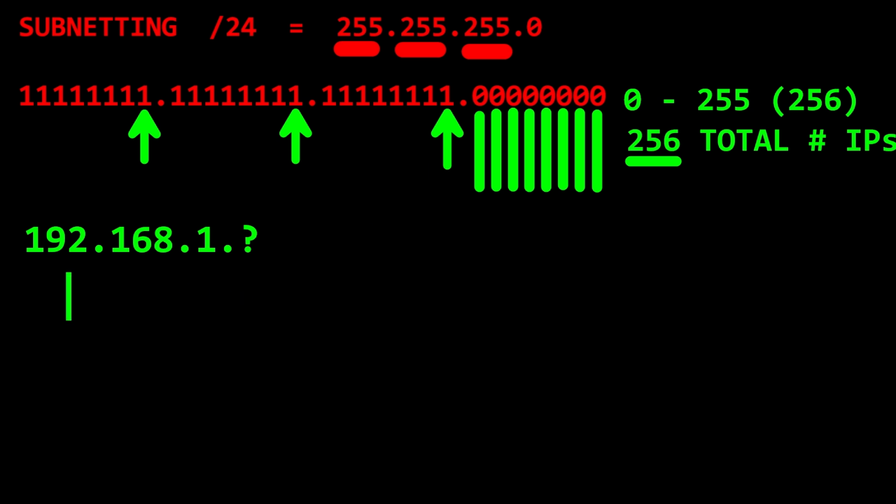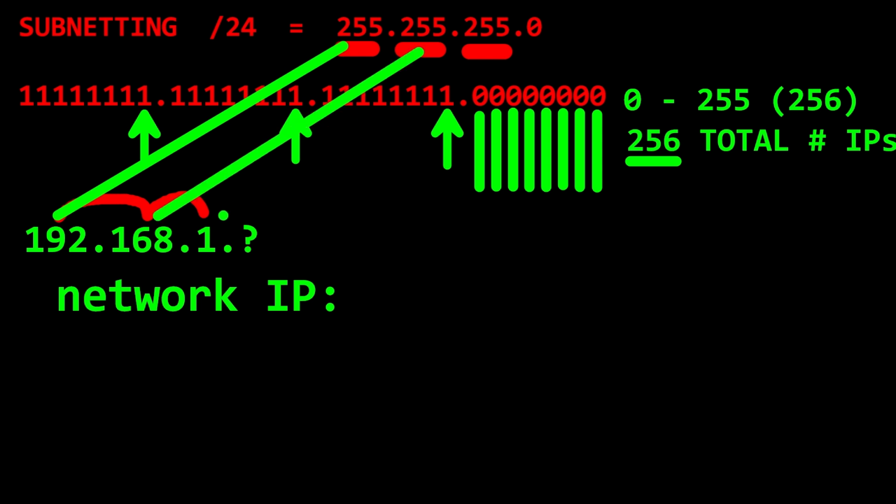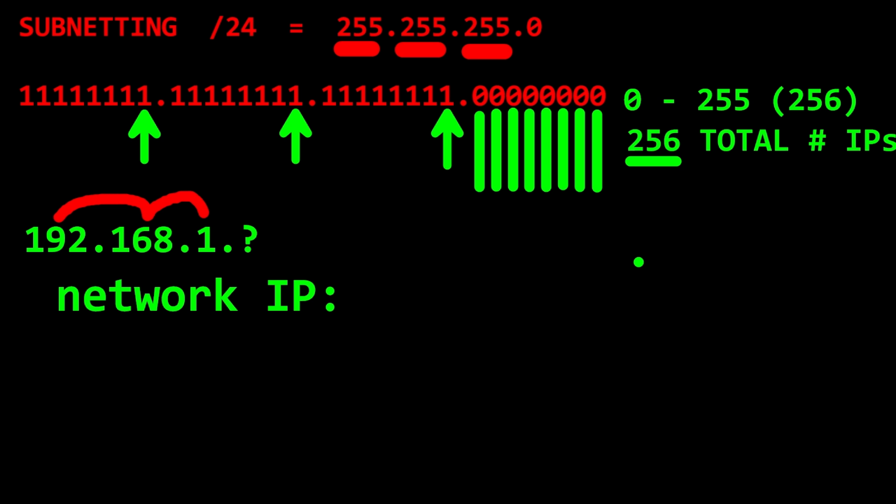With this system, we're going to figure out what our range of IPs is. That involves figuring out the network IP address. This is always the lowest possible IP. With this subnet mask, the octets 192.168 and 1 are locked down from changing because of the 255s in the subnet mask. That's what we call the network ID.